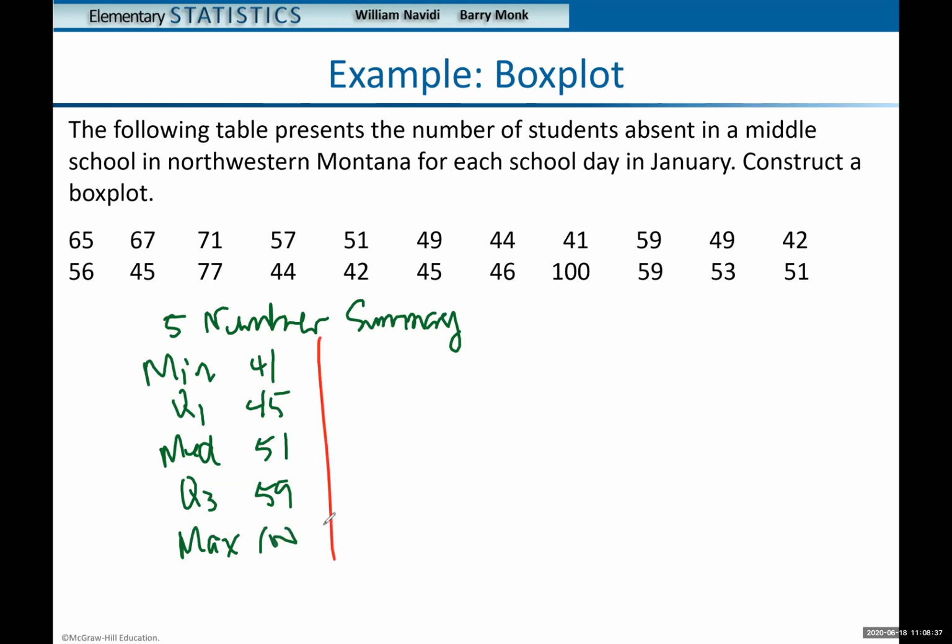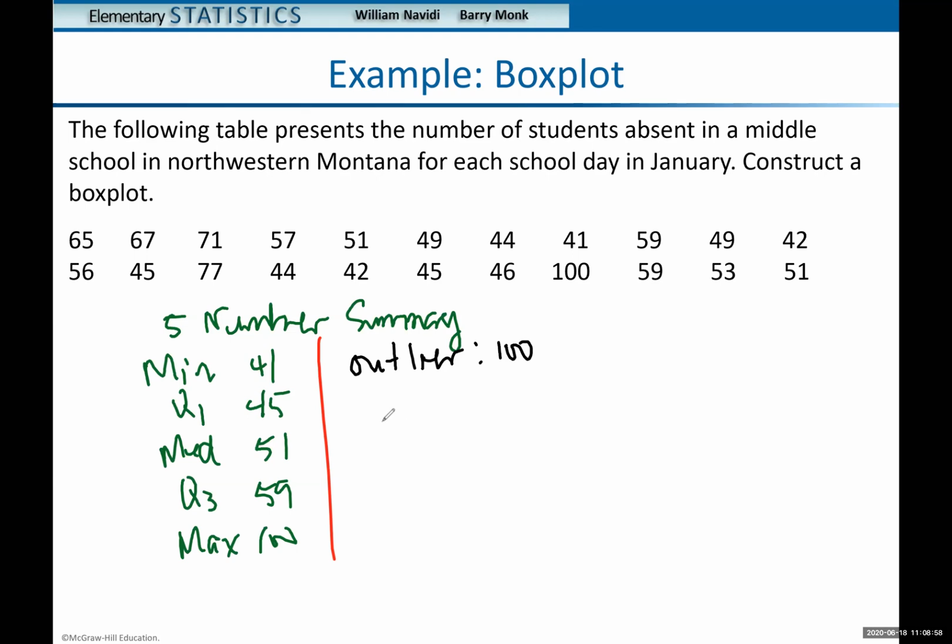Okay, then how do we create a box plot for this? We know that earlier we found an outlier, and we solved that the outlier is 100, right?